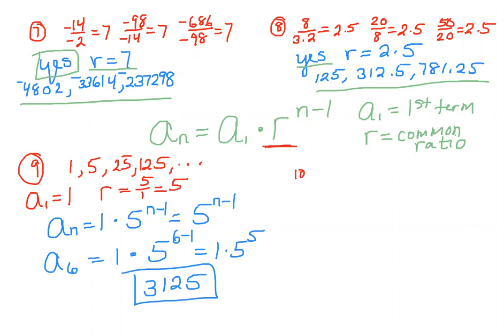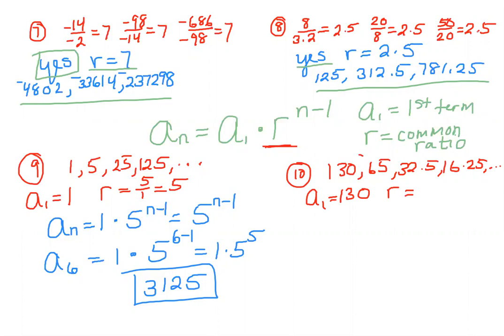All right, let's look at number 10. 130, 65, 32.5, and 16.25. So it's going down, which tells you that your R is going to be a fraction. So our A 1 is 130, and our R, you can take any two terms to find it, those two or those two that are next to each other.